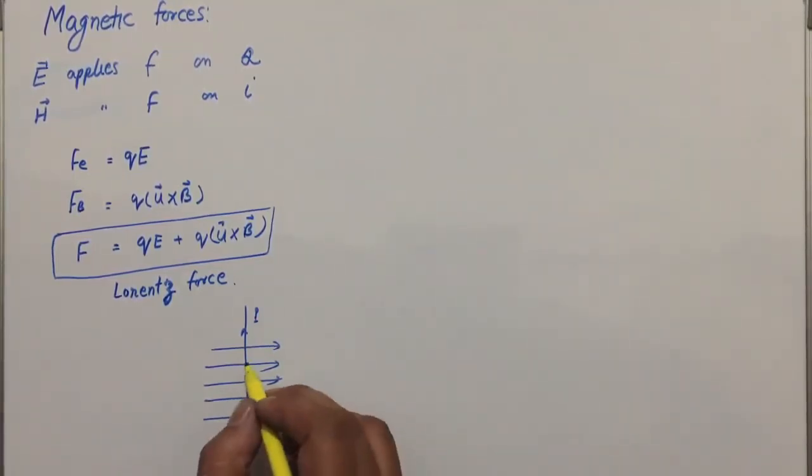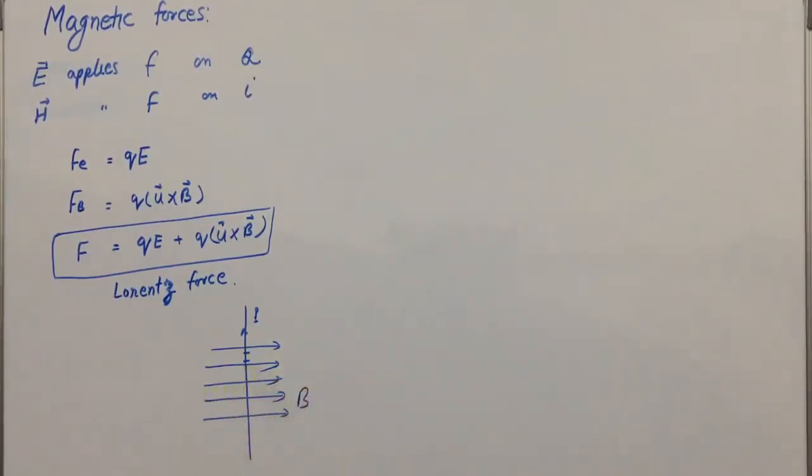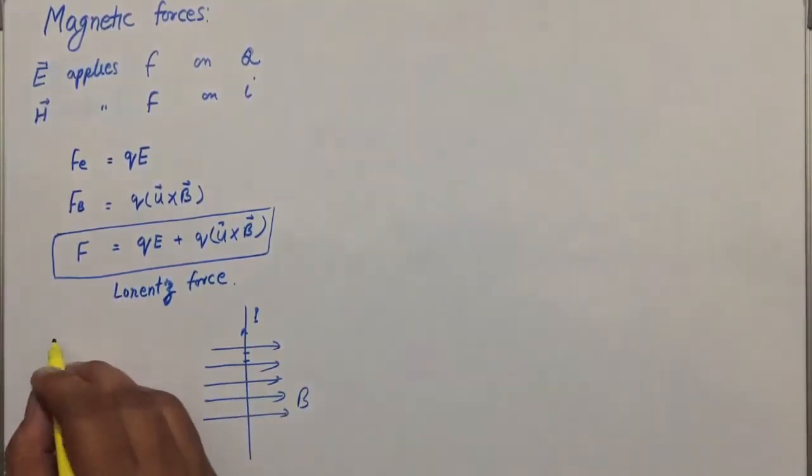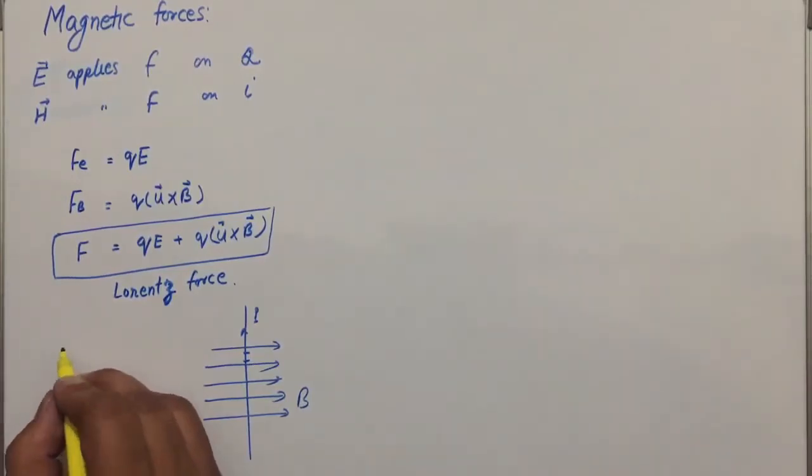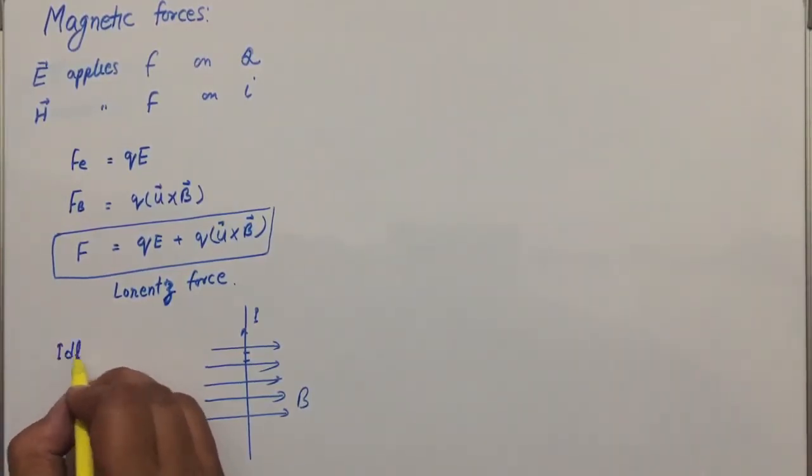For that purpose, consider a part of this conductor. So the total charge that will be there, we can say I dl, that will be the current element.